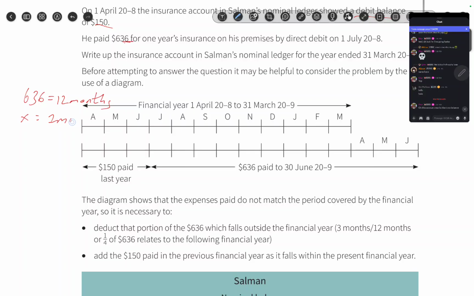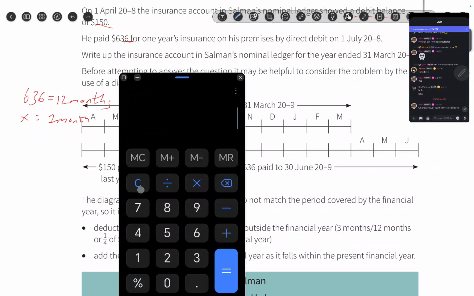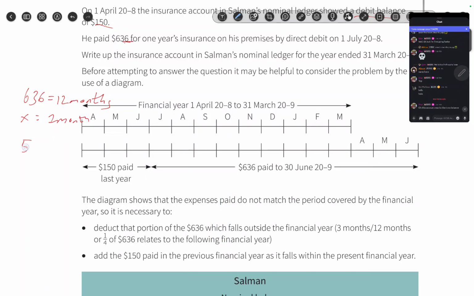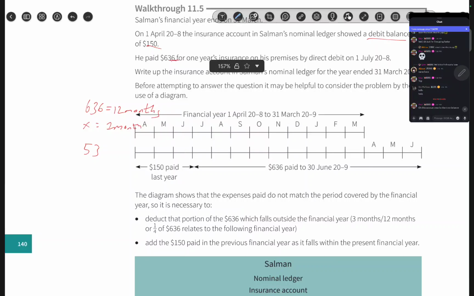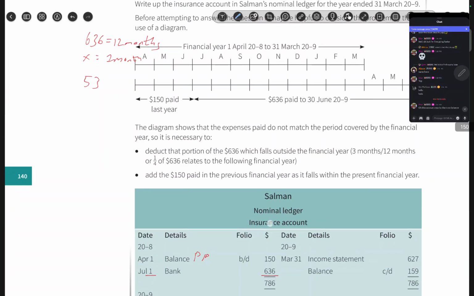1 month is how much? You just calculate that. Probably 636 divided by 12 and you get 53. Now you have to be careful about the dates. Okay, we paid 150 last year, it was relating to this year.